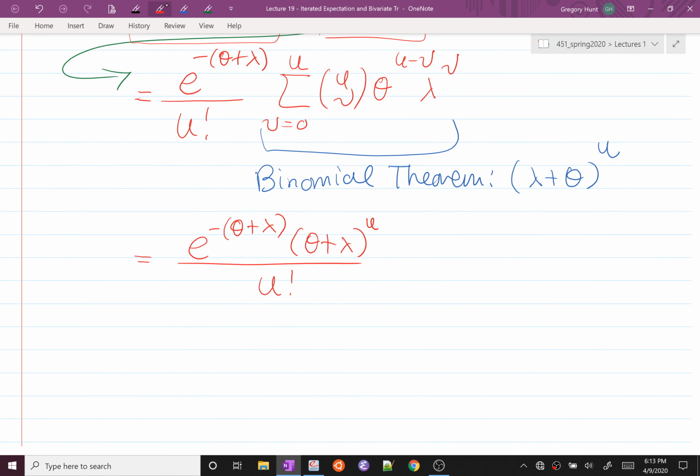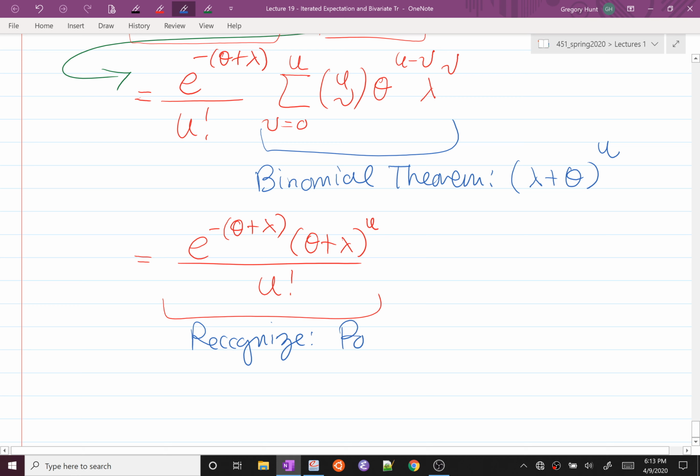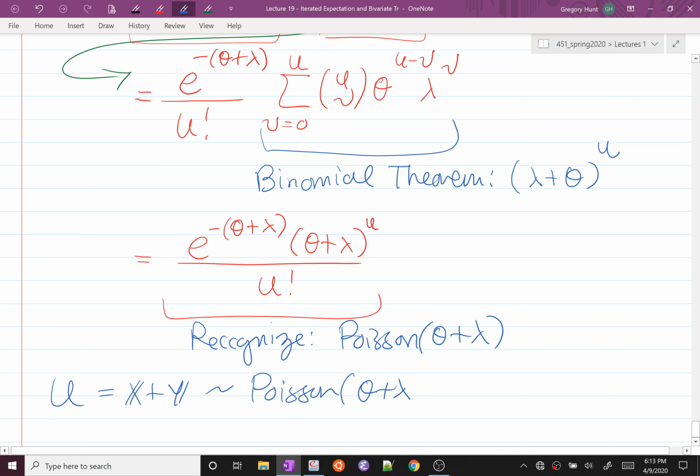And now what we do is we recognize that this is a Poisson theta plus lambda. That is u, which, remember how we defined u, is x plus y, distributed Poisson theta plus lambda.